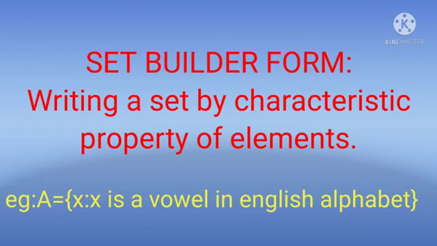It is also called rule form or set builder form. Here we write the rule or property that the elements belonging to that set satisfy. Set builder form of the set A can be read as x such that x is a vowel in the English alphabet.